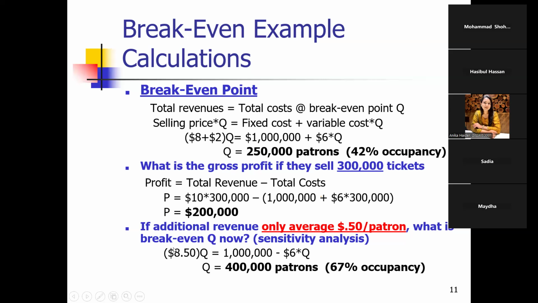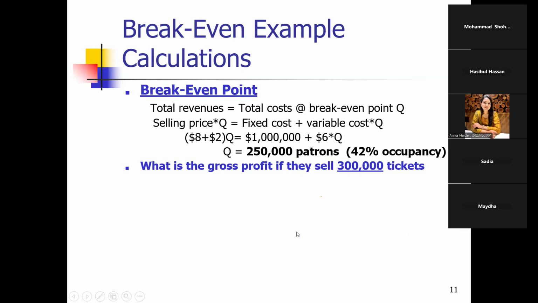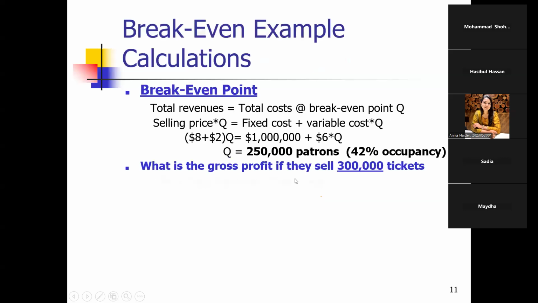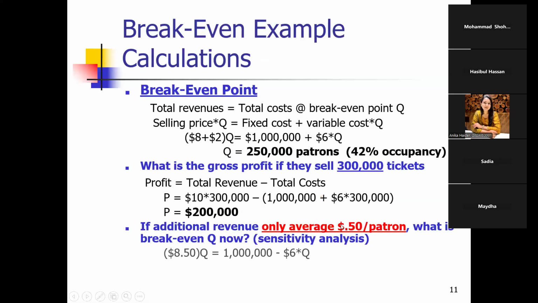How do you get 8.5? The issue is that, go back to our problem. Our average ticket price is 8 and additional revenue is 2. 8 plus 2 is our per unit revenue. But now the company assumed that average additional revenue will be 0.50 rather than $2.